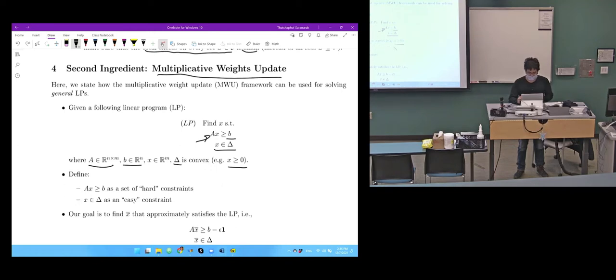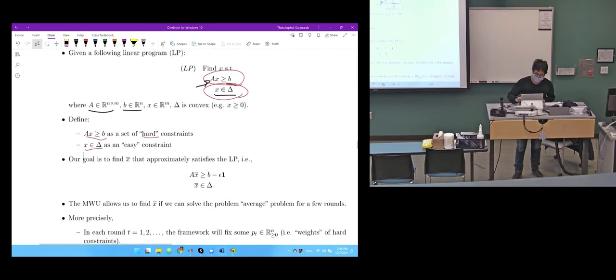Okay. So we will think of this as a hard constraint, and this, I just said that it's something easy. You think of this as hard, and this as easy. And the goal that we want to do is to relax the goal a bit.